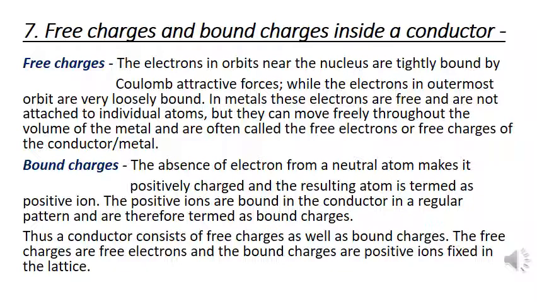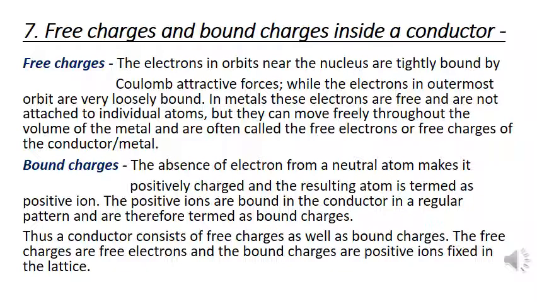In metals, these electrons are free and are not attached to individual atoms, but they can move freely throughout the volume of the metal and are often called the free electrons or free charges of the conductor or metal. In other words, we can say free charges are the loosely bound electrons of the outermost shell in an atom which are free to move throughout the conductor.